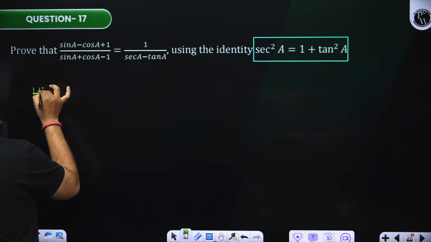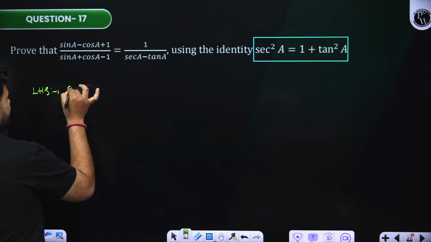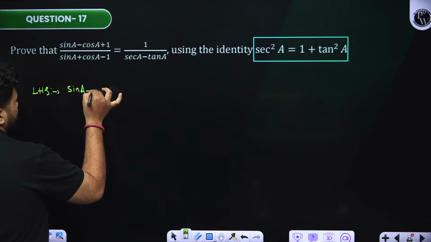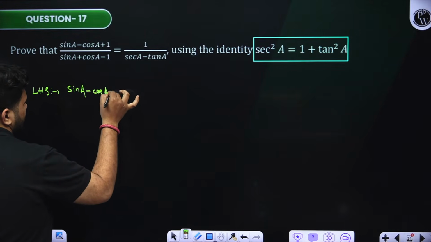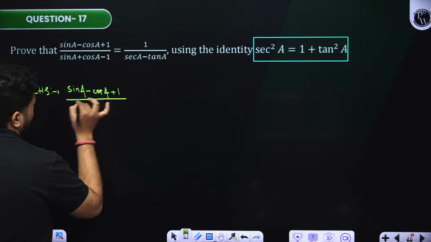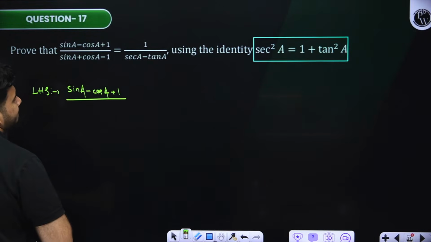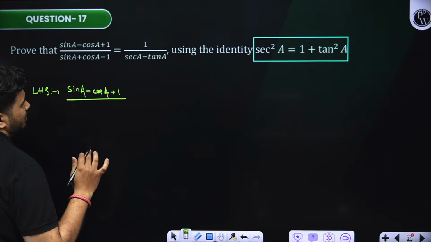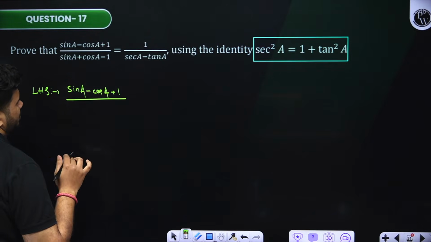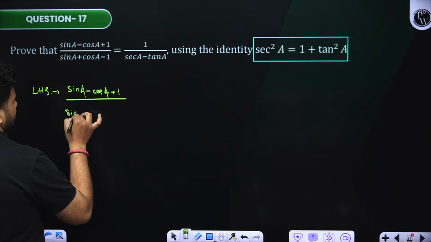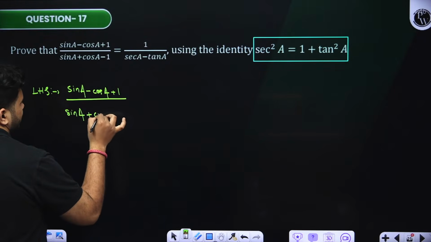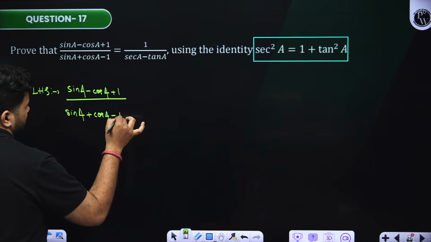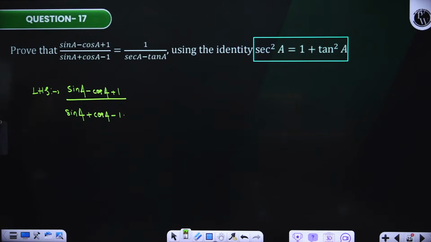If we start from the LHS, we have nothing but what? Sin A minus cos A plus 1 divided by, okay, secant square A minus secant A plus tan A. Okay, so here you have sin A plus cos A minus 1. Okay, try to do it, students.